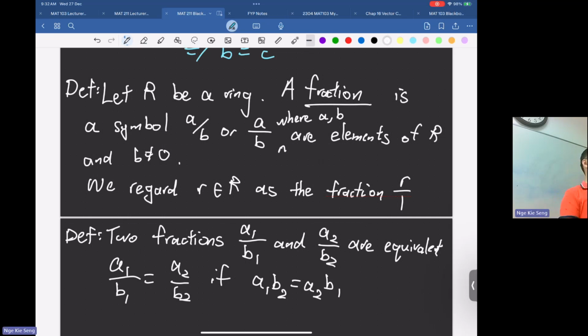We only know how to multiply in the ring, so we just check: is A1 times the other denominator the same as A2 times the other denominator?